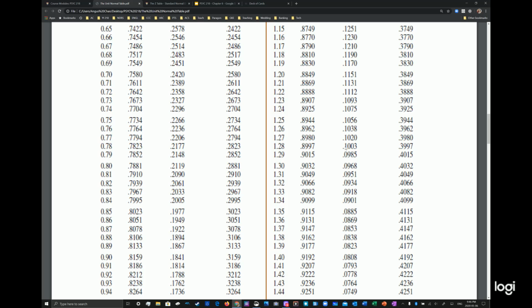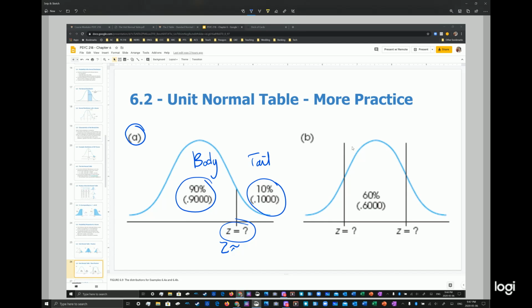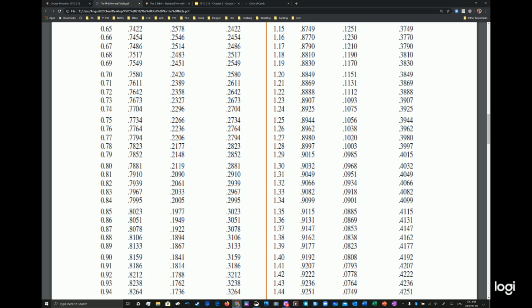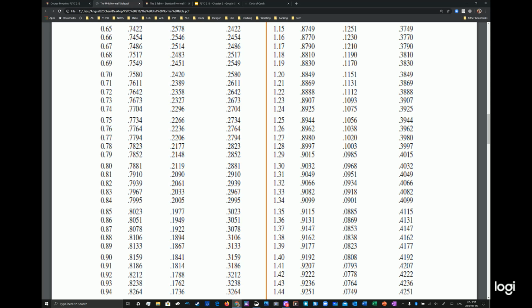And then you notice the corresponding tail column gives us 0.1003. So approximately, the Z value here is going to be approximately 1.28. So that's the approximate value. So it is close. It is closer to the mean. So it takes less than 90% of the proportion here and more than 10% of the proportion here by about 0.03%.